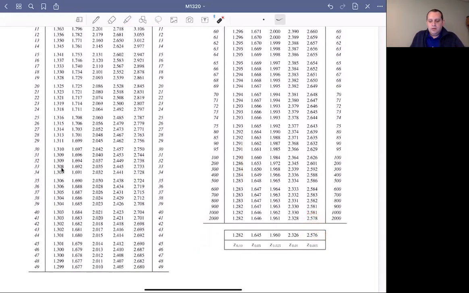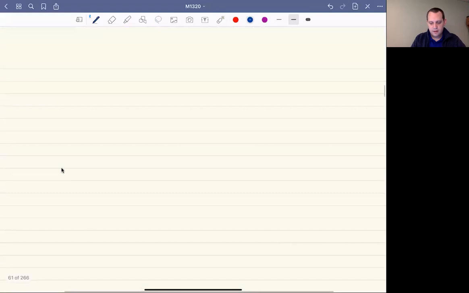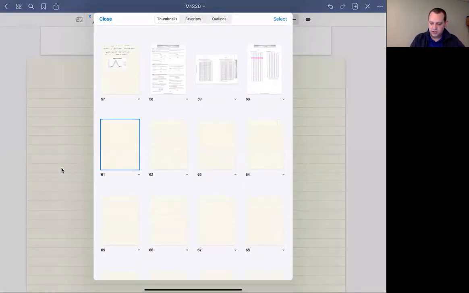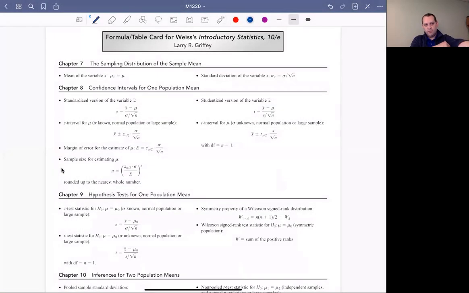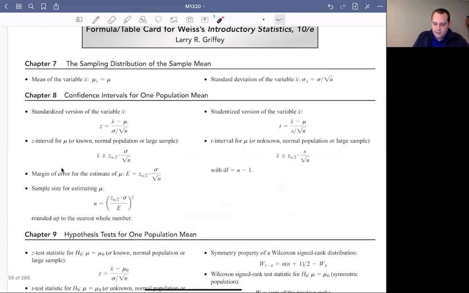And the reason why we need that is that we're going to talk about a few things here. So the first thing, and I'm going to word this slightly differently than we did before, let me jump to the chapter 8 formulas, because I think they can all make sense now. We talked previously about the standardized version of the variable x bar.